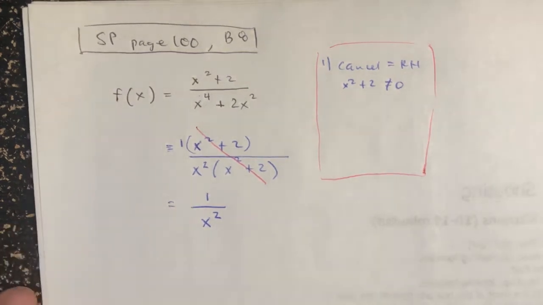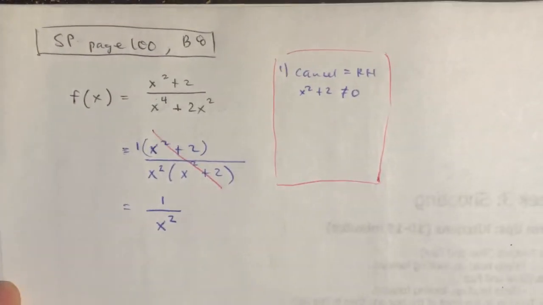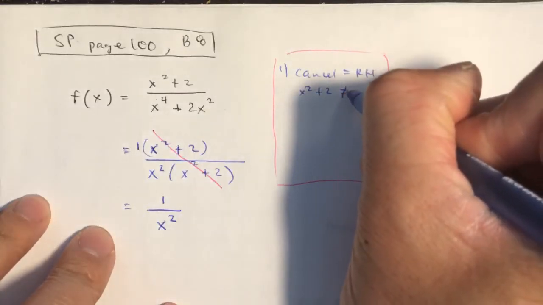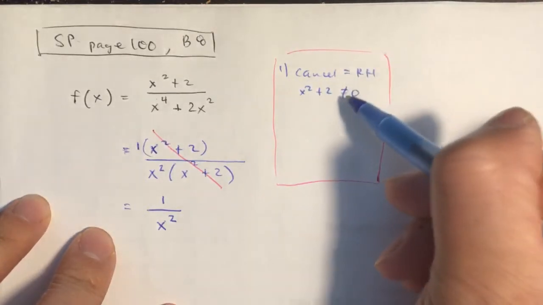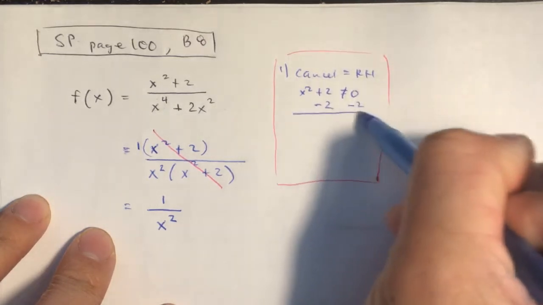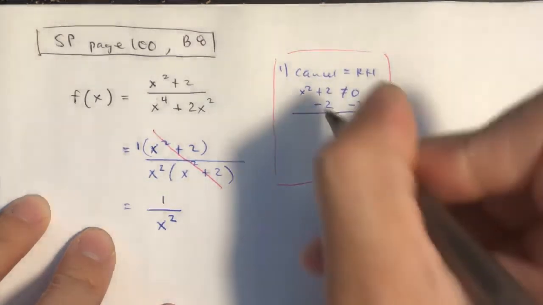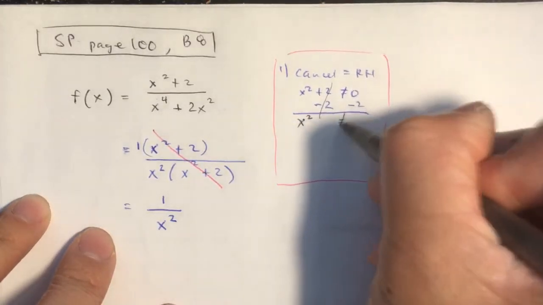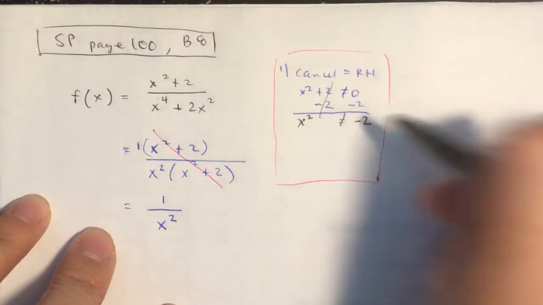Let's go ahead and solve this removable hole. I want to solve for x here, and again, pretend the not-equal sign is just like an equal sign, so I'm going to subtract 2. I'm left with x squared not equal to negative 2.